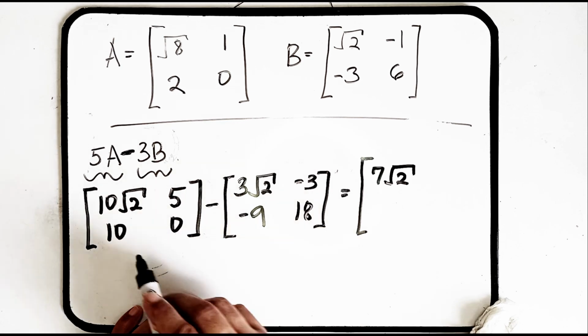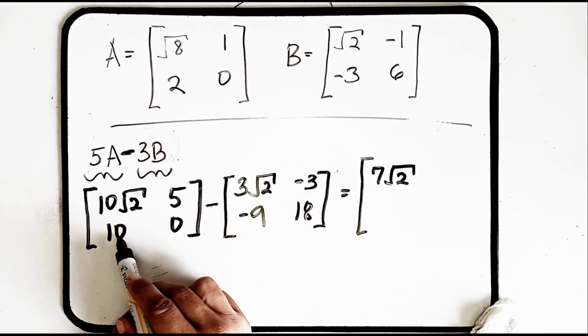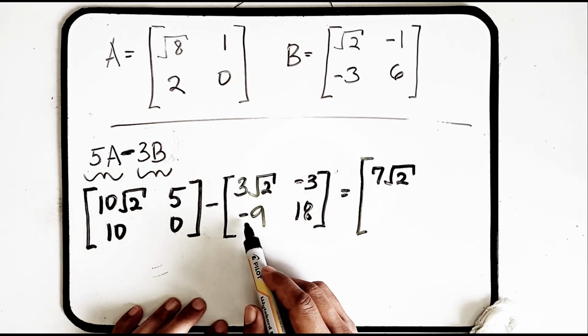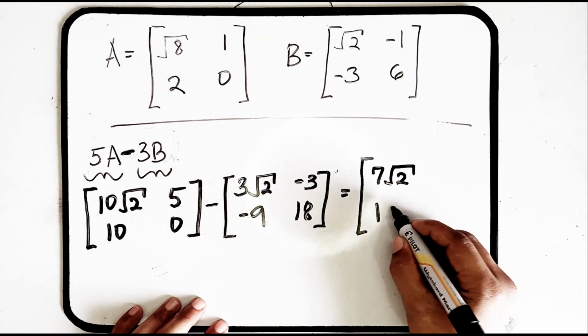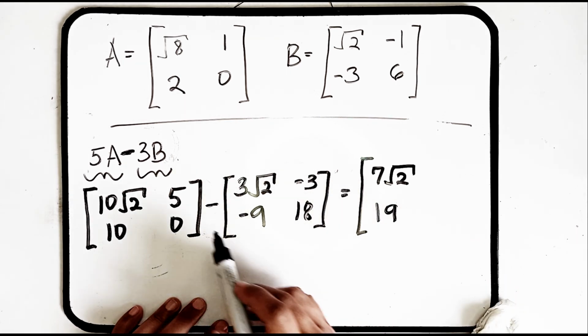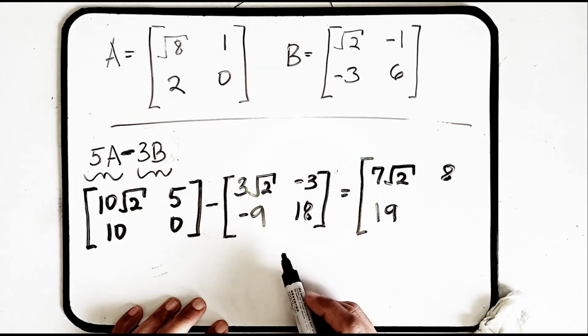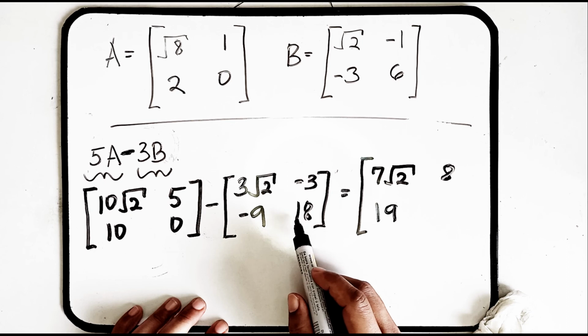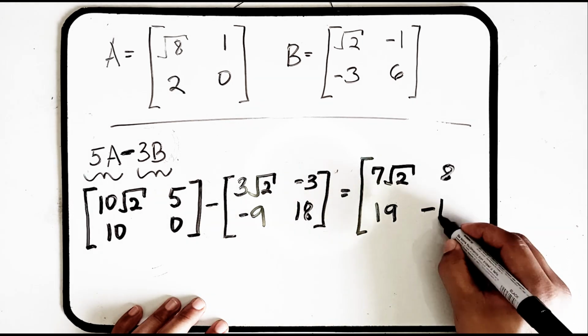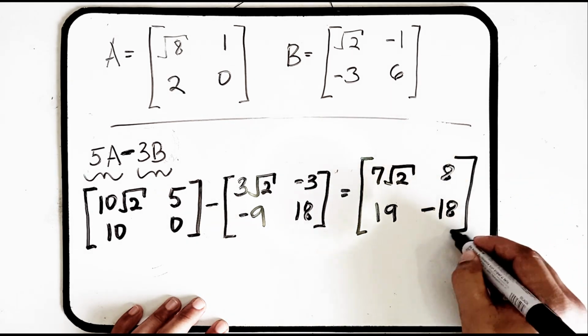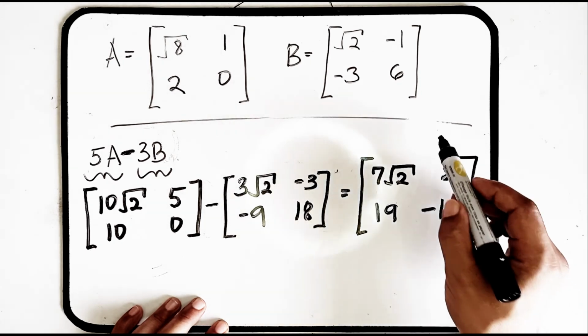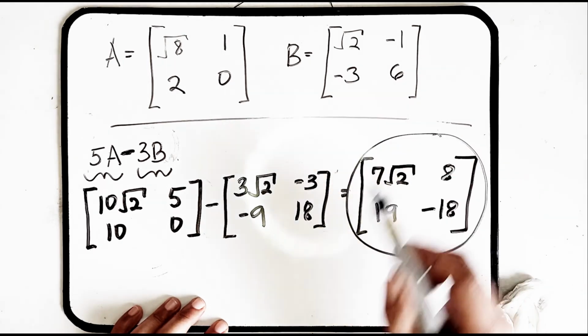Okay, and then 10 minus negative 9, this becomes 19. And then 5 minus negative 3, this becomes 8. And then 0 minus 18, this becomes negative 18. So there you go. So this is now our final answer.